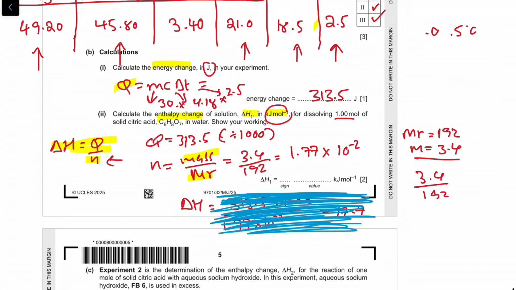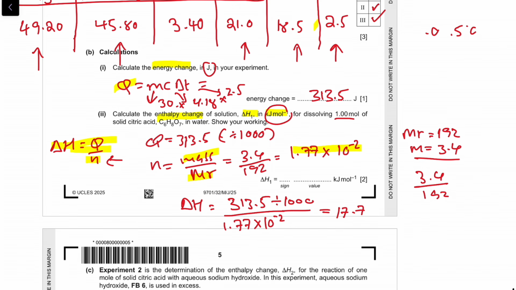So this is our moles, 1.77 times 10 to the negative 2. Then our ΔH is our joules divided by 1,000 divided by our moles, which ends up with 17.7 kilojoules per mole. Is this a positive or negative value?